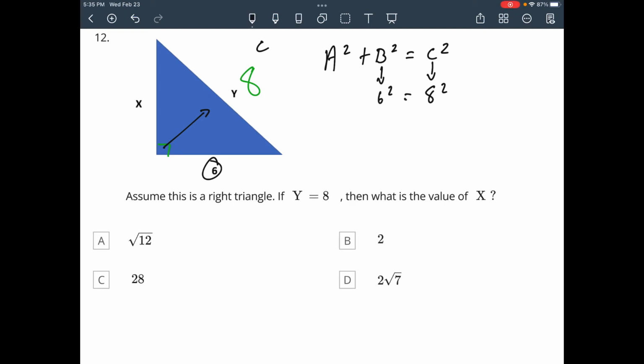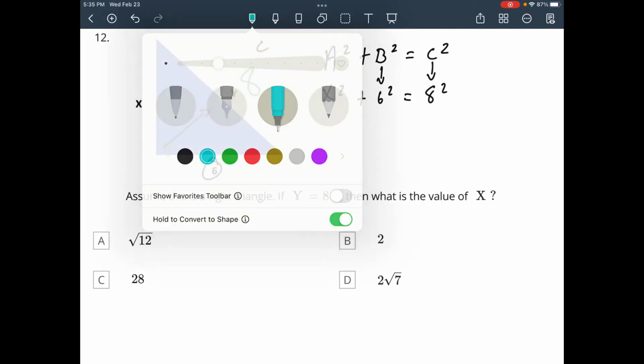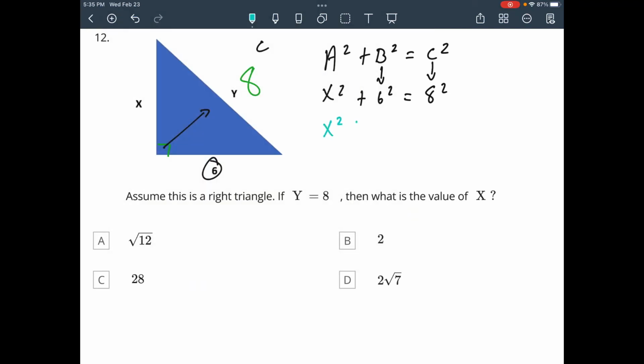I bring everything down. And the a, well, the a is really x. So let's go ahead and erase that. And then we solve. This is x squared. 6 squared is 36. 8 squared is 64. Subtract my 36.